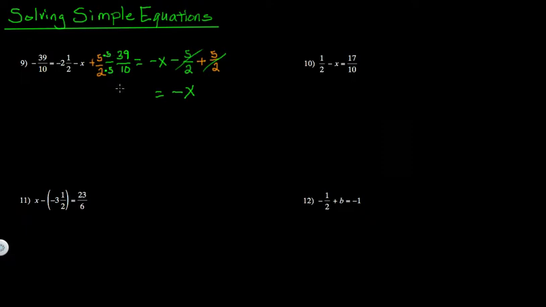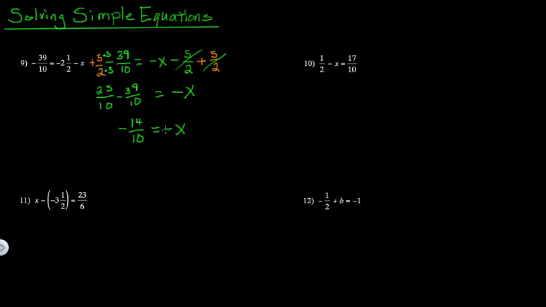And so what we get is 25 tenths minus 39 tenths, and that is equal to negative x, right? So then we just subtract the numerators there, so 25 minus 39 is negative 14, so we get negative 14 tenths is equal to negative x.